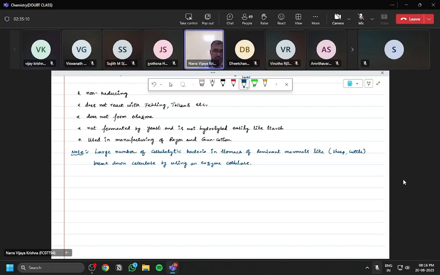So this is about starch and cellulose, right? Whereas animal starch, what is it? Glycogen, correct? It has a structure similar to amylopectin, but more branched. Let me write that also. Glycogen, we also call it animal starch.